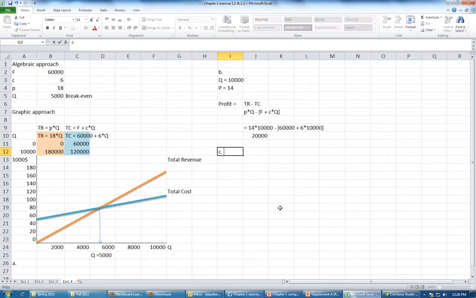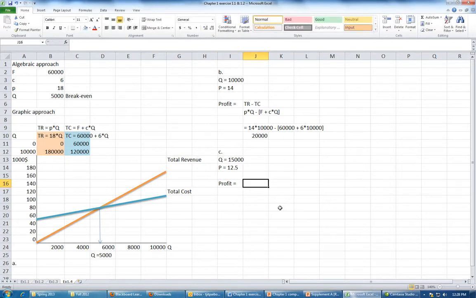So we're going to set up another Q of 15,000 and the sale price of 12.5. Okay, so we're going to try to find profit the same way like we did.